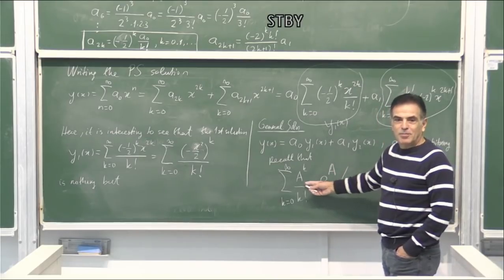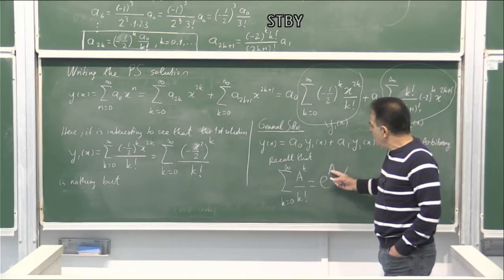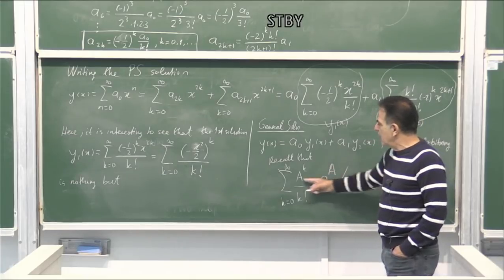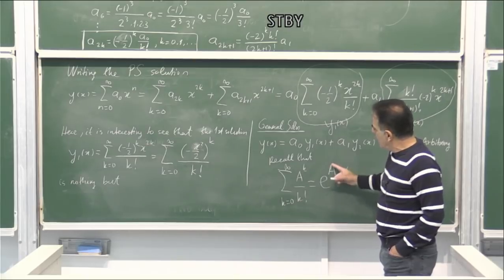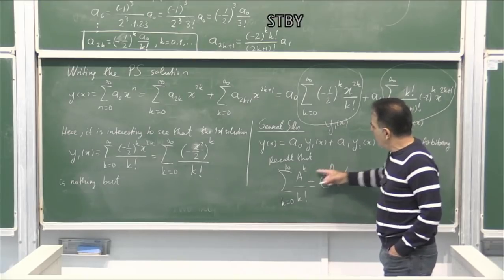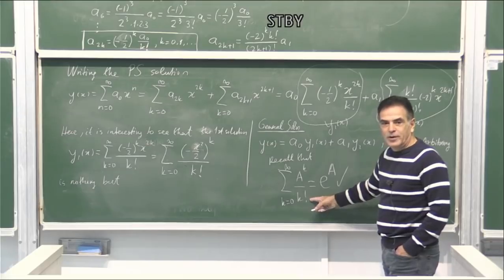Yes, this is the Maclaurin series of the exponential function with argument a. That is kth power of the exponent over k factorial.